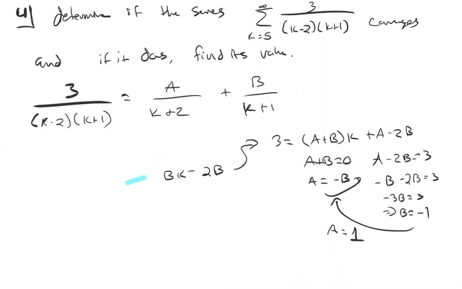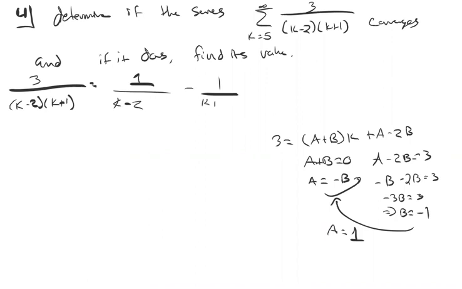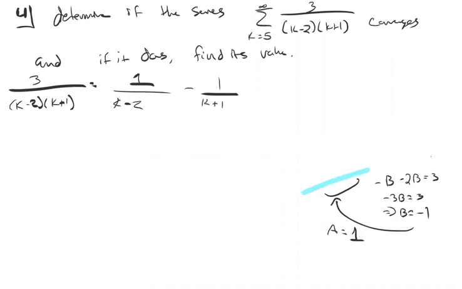So our partial fraction decomposition works out to being 3 over k minus 2 times k plus 1 is equal to 1 over k minus 2 minus 1 over k plus 1. Okay, I'll erase this.